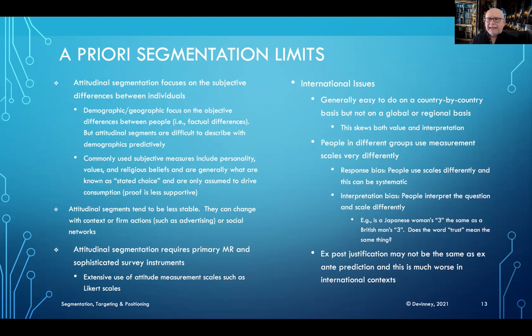They're not ex ante predictions of what will be there. They're just simply made up names. And when you get that in an international context, that may be quite dicey in terms of trying to come up with some sort of descriptors which tells you what these segments are really all about.